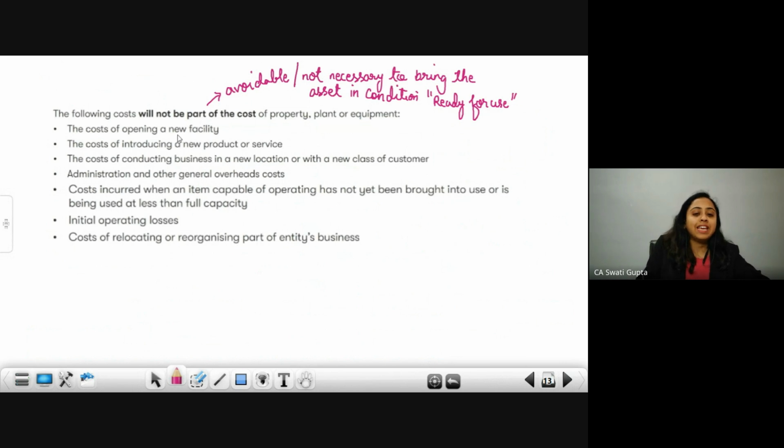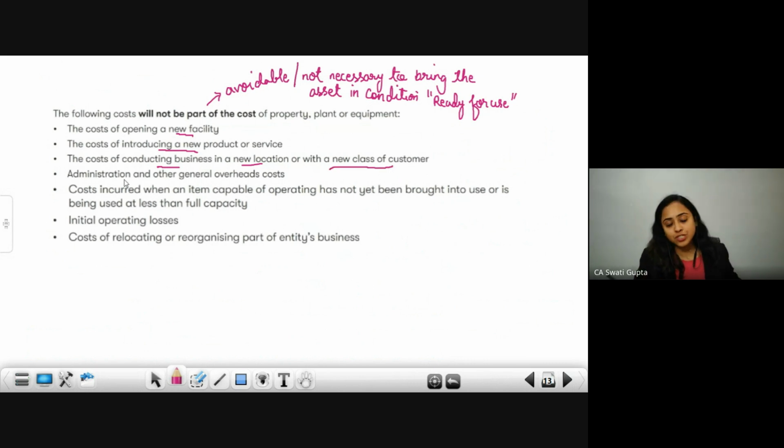Just an example, if you do not do any inauguration function, if you do not hold an inauguration function, still that machine is capable of working. Got it? The working of machine is not dependent on any inauguration function. Got it? So cost of opening a new facility, cost of introducing any new product or service, cost of conducting business in a new location or with a new class of customer.